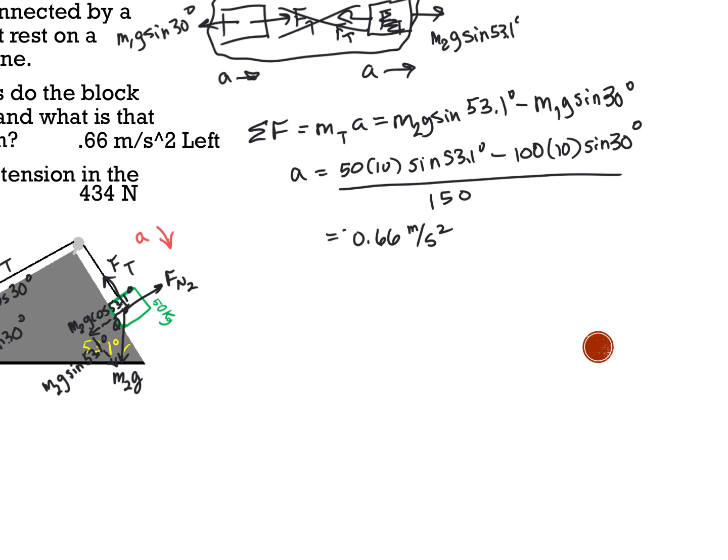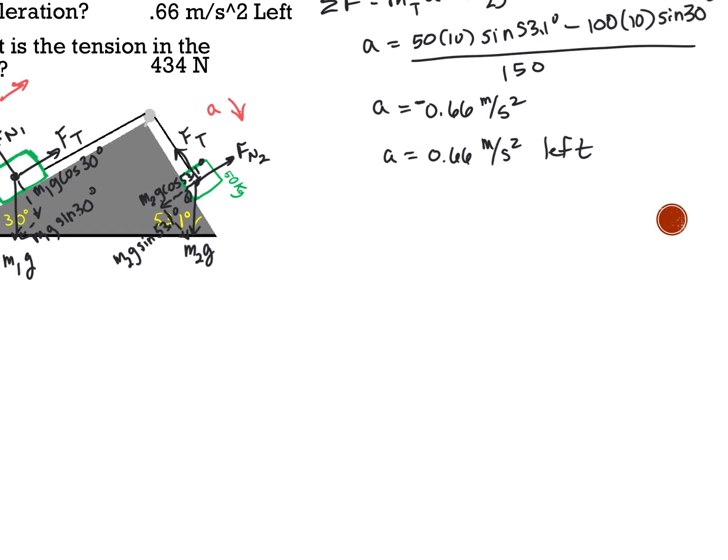I had it going to the right, but it's negative, which means the acceleration is actually 0.66 meters per second squared to the left, because I had right as positive, but it ended up negative, which means it was actually left. So this is going to the left. Make sure everybody understands that.